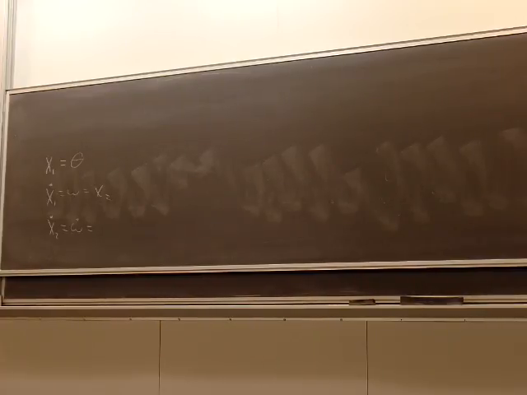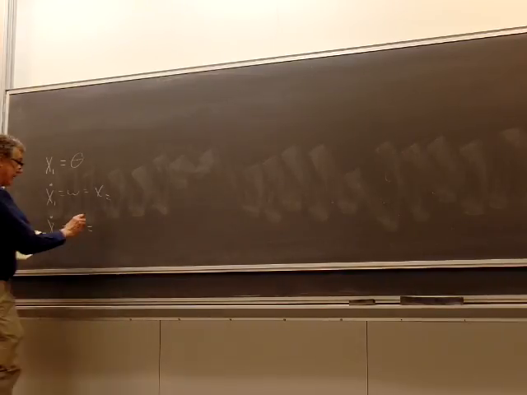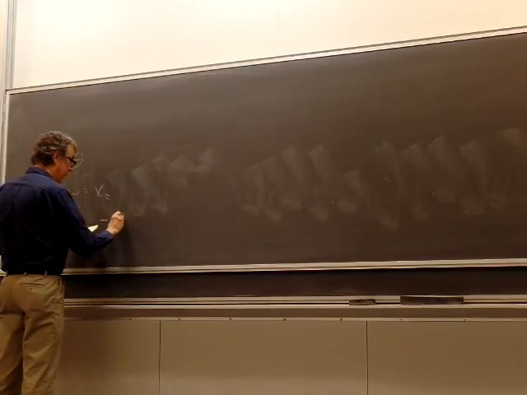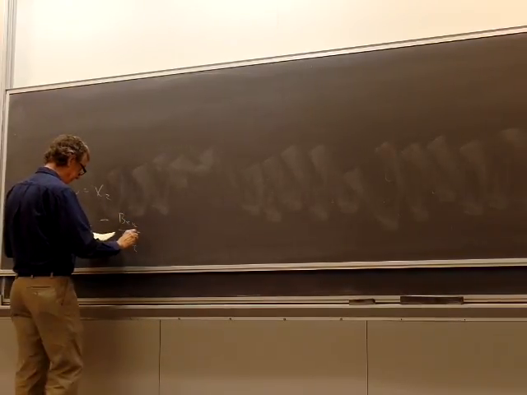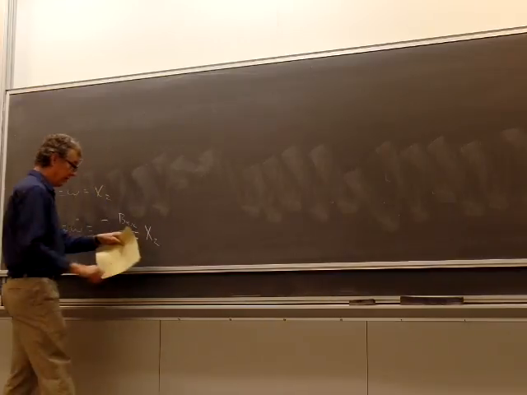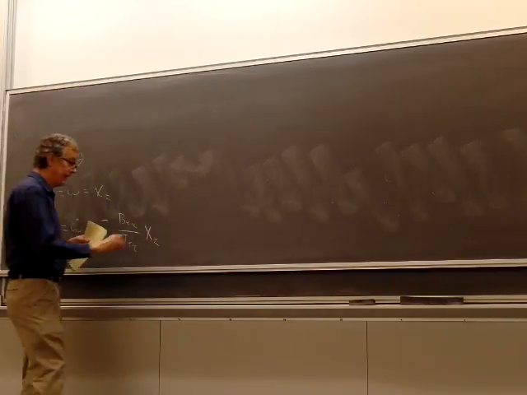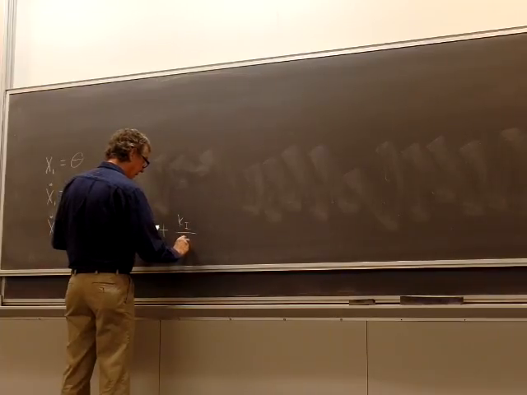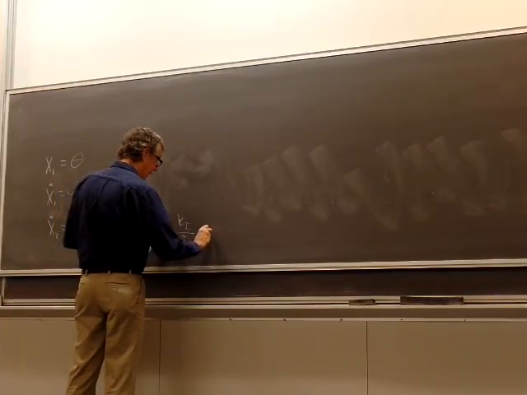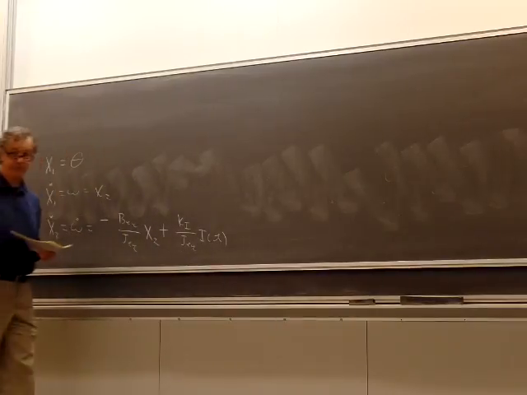So it means I put everything else on the right-hand side, and I have my state equation, which will be minus B equivalent over J equivalent times omega, which is x2, plus this constant K over J equivalent times T, which is our input.